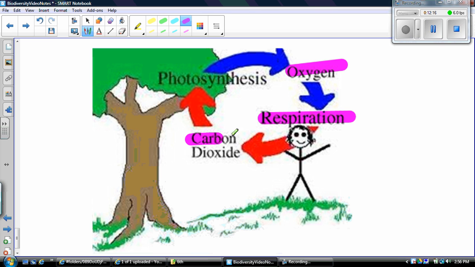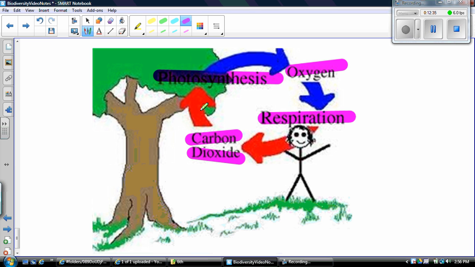This is something we don't want a lot of in our atmosphere. The nice thing about plants, like this tree, is that plants take in carbon dioxide from the atmosphere. Through the process of photosynthesis, plants can make their own food, which is sugar.